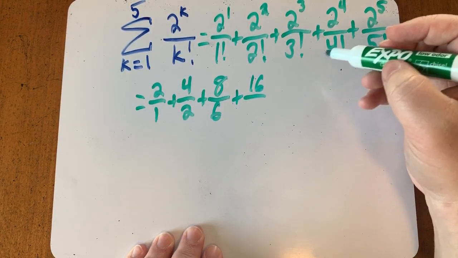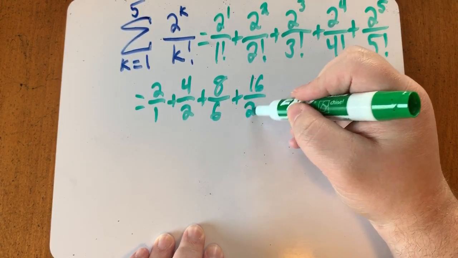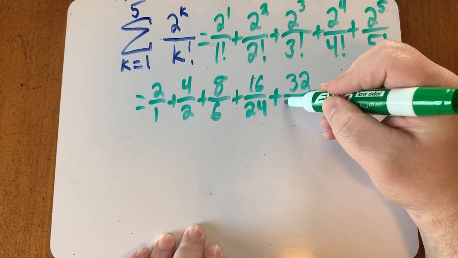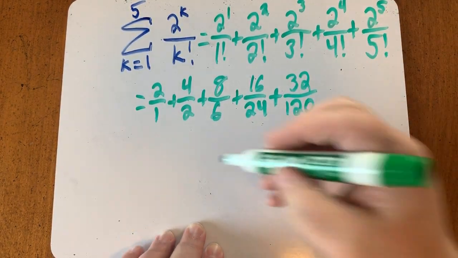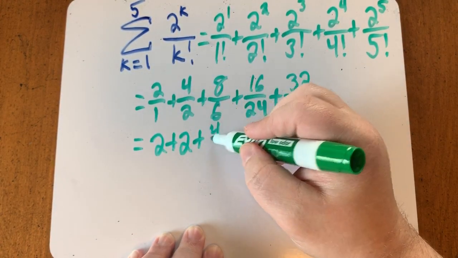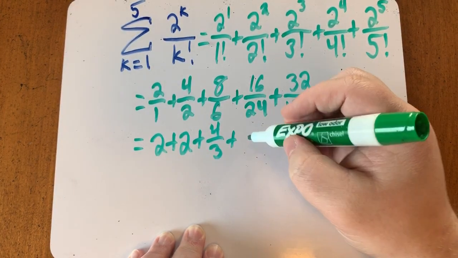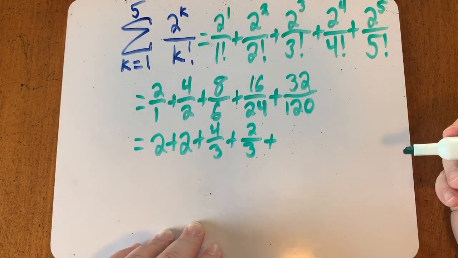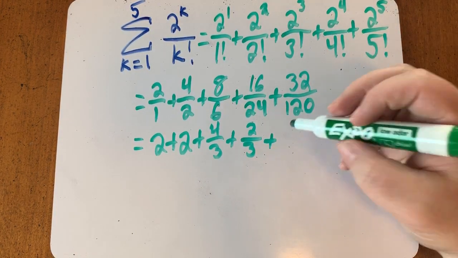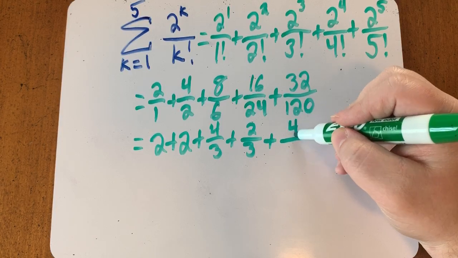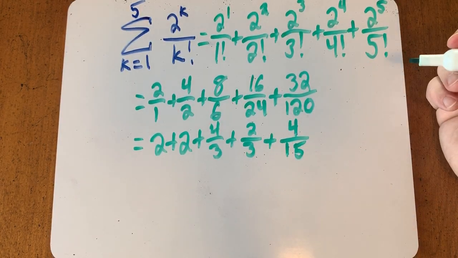So 2 to the 4th is 16, and 4 factorial is 24, 2 to the 5th is 32, and 5 factorial is 120. So that's 2 plus 2 plus 4/3 plus 2/3 plus 4/15, I believe.